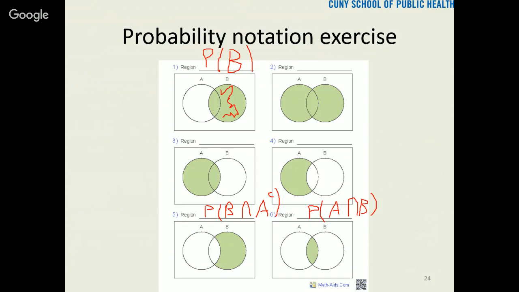We could have written the answer to 1 as the probability of B intersected with A complement, unioned with the probability of A intersect B, if you wanted to be complicated about it. But it also happens to just be the probability of B.